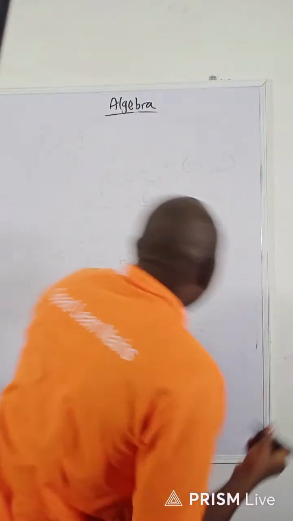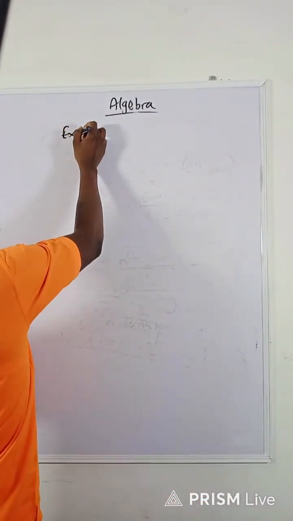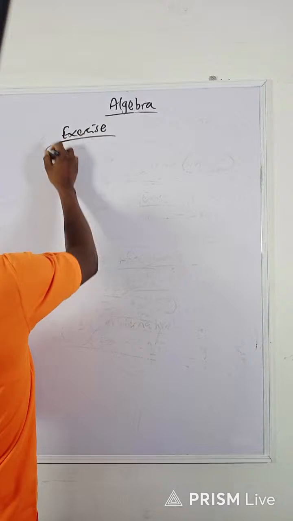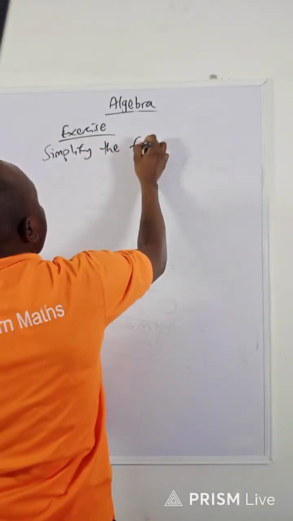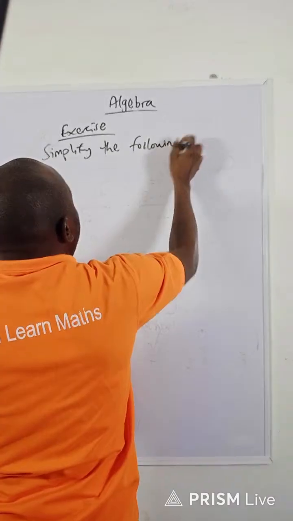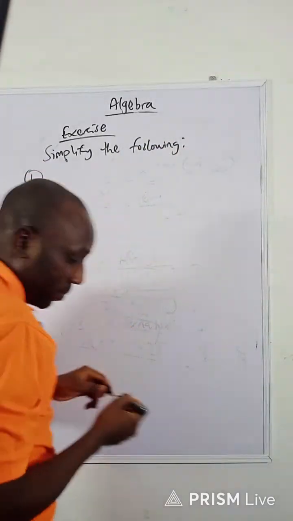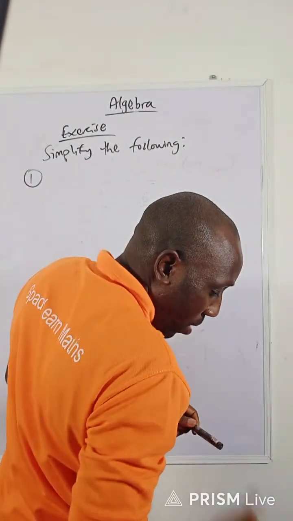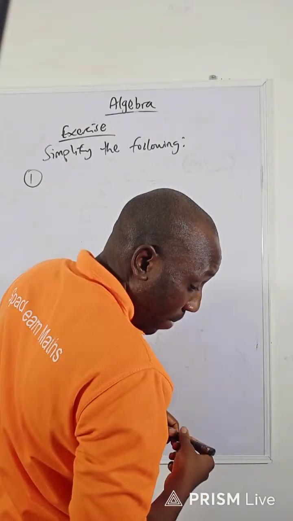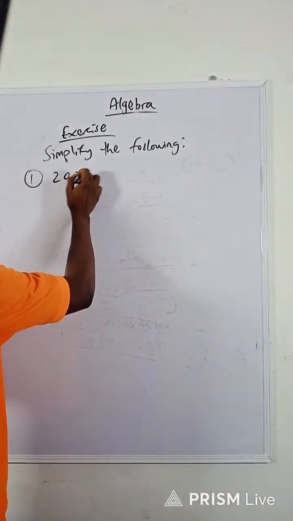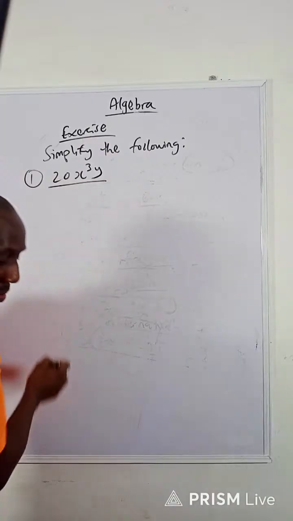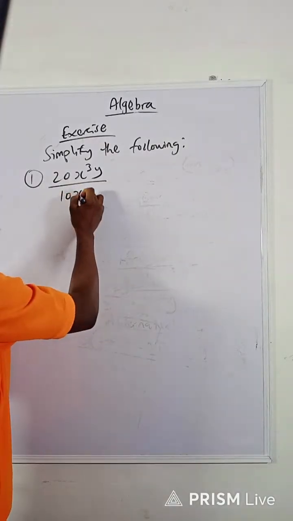Okay, so everybody try this out. Exercise. Simplify the following. Number one: 20x cubed y over 10x squared.